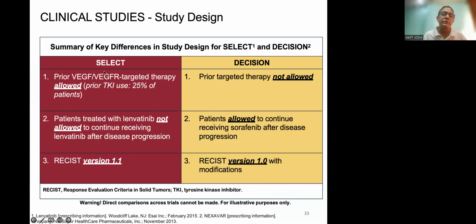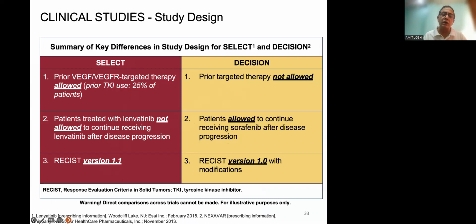If you see the SELECT trial, that is for lenvatinib, prior VEGFR therapy was allowed, but in DECISION prior targeted therapy was not allowed. Similarly, patients treated with lenvatinib were not allowed to continue. When the disease progressed in the lenvatinib arm, with radiological progression, the investigators did not allow continuing the therapy beyond progression, while in DECISION it was allowed to continue, because there was no other therapy at that point of time.